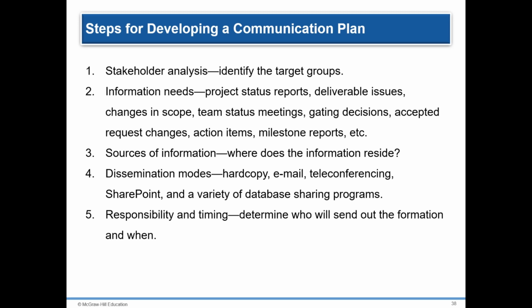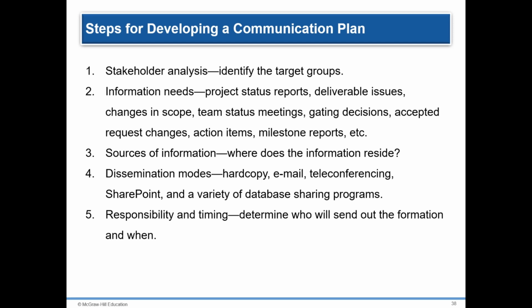Steps for developing the plan include, first, stakeholder analysis; second, information needs; third, source of information analysis, that is, where does the information reside and how will it be collected? For example, information related to milestone reports, team meetings, and project status meetings would be found in the minutes and reports of various groups.